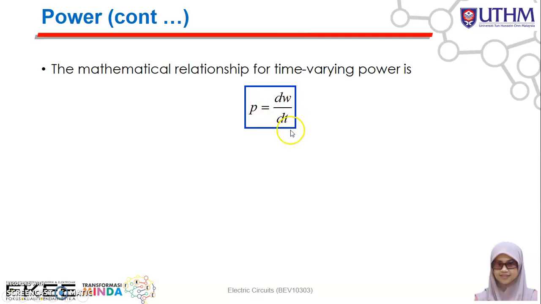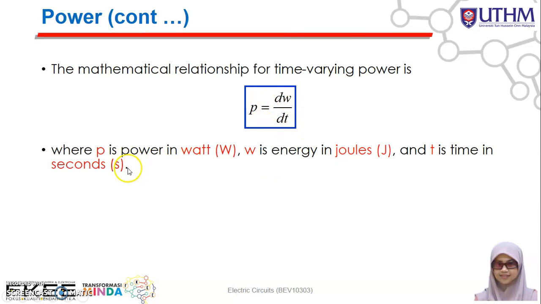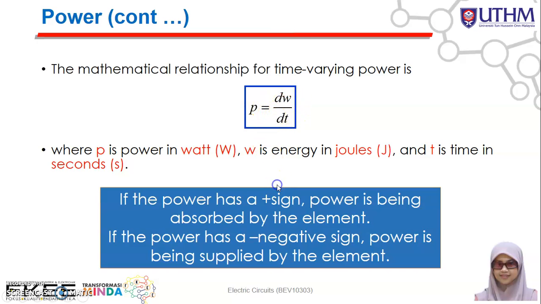The mathematical relationship of time-varying power is given by P is equal to dW over dt, where power is in watts, W is energy in joules, and t is in seconds. If the power has a positive sign, it means that power is being absorbed by the element. If the power has a negative sign, it means that power is being supplied by the element.